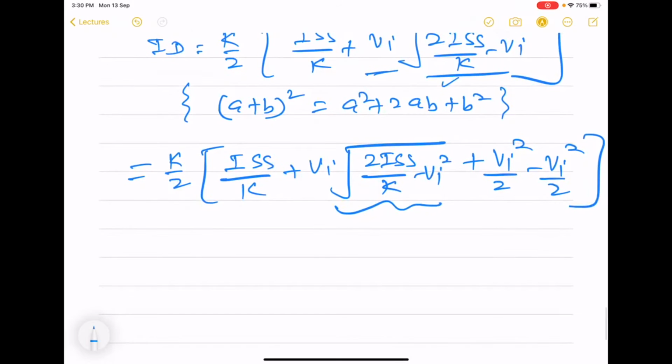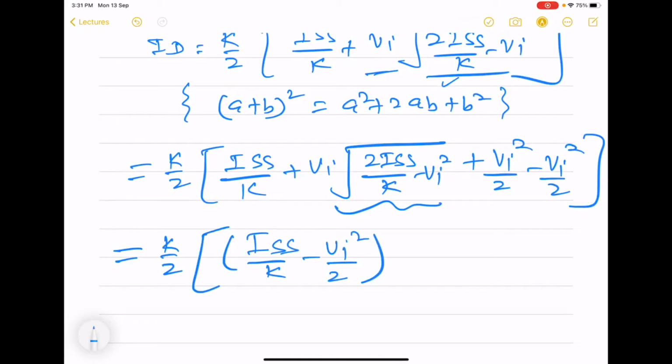So we are doing this addition and subtraction of vi squared by 2. So we can bring one of the terms with ISS by k, and we can take square root 2 common from this factor.